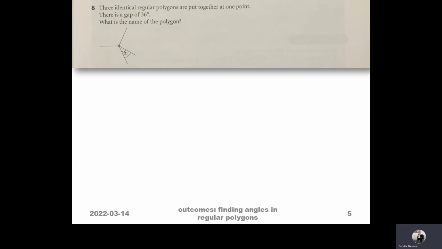Okay. Three identical. Identical means the exact same. Regular polygons. And as I explained earlier in the previous questions, when it comes to regular polygons, we should always remember two formulas.